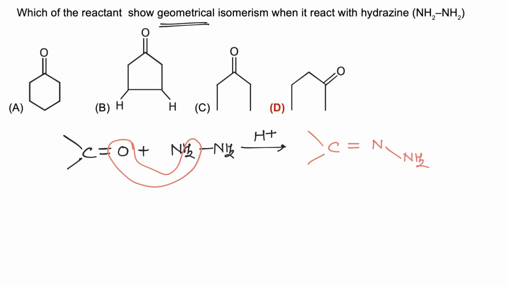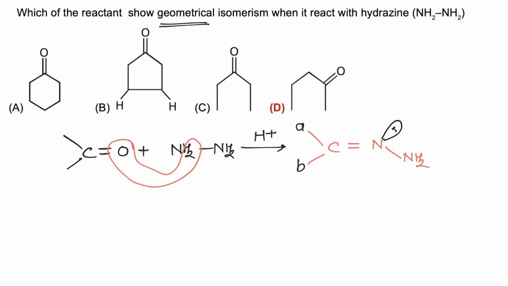Now this molecule has a lone pair on nitrogen, so the NH2 and lone pair are different, and if groups attached to this sp2 carbon are different, then this molecule will show GI.